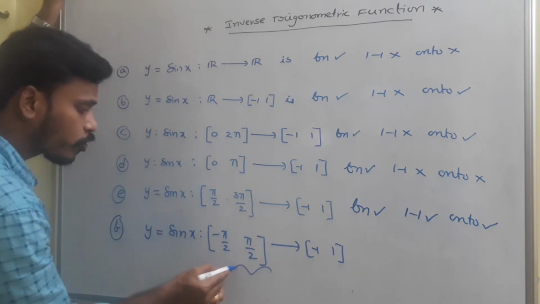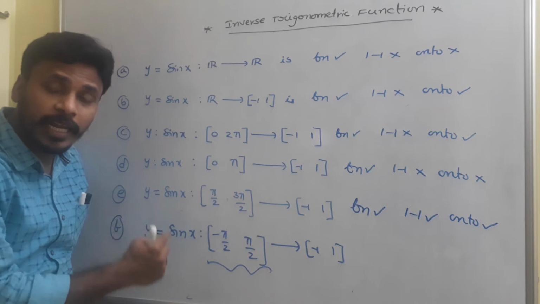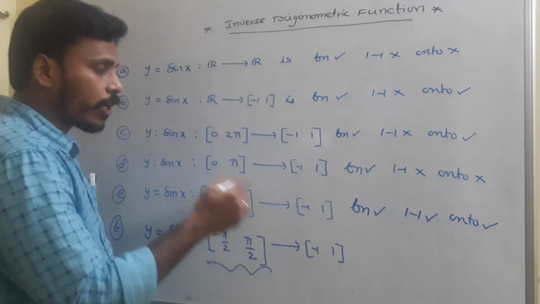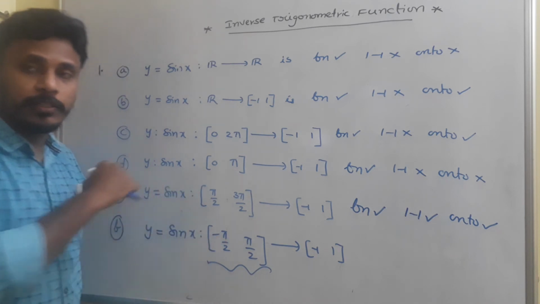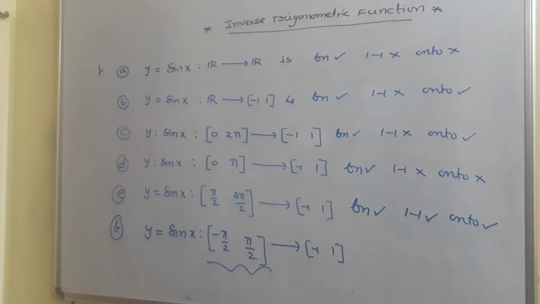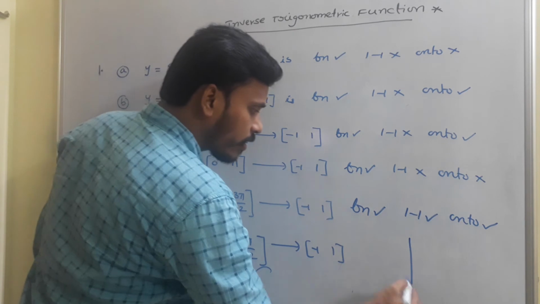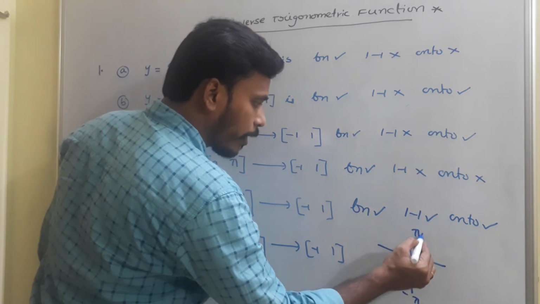Just think about this domain: -pi by 2 to pi by 2, that is -90 degrees to 90 degrees. Since we are familiar with the trigonometric revolutions, -pi by 2 to 0 is the fourth quadrant and 0 to pi by 2 is the first quadrant. So my domain is this region, -pi by 2 is this line and pi by 2 is this line.